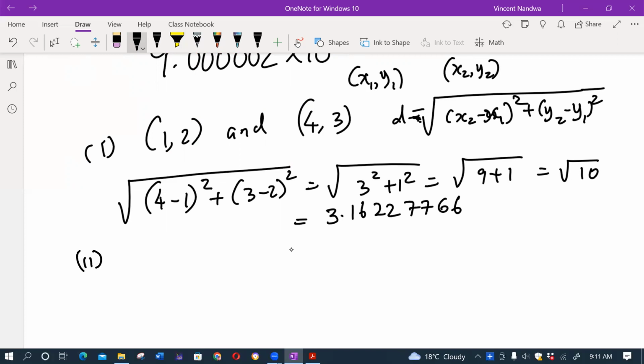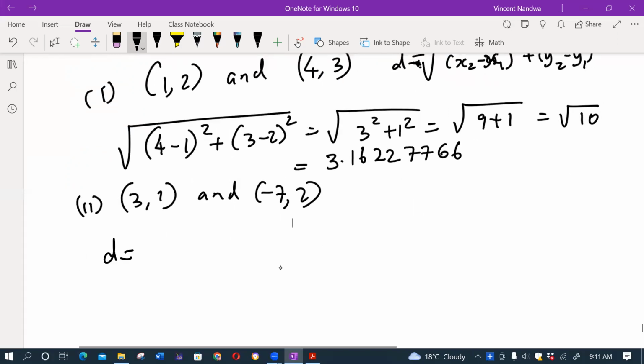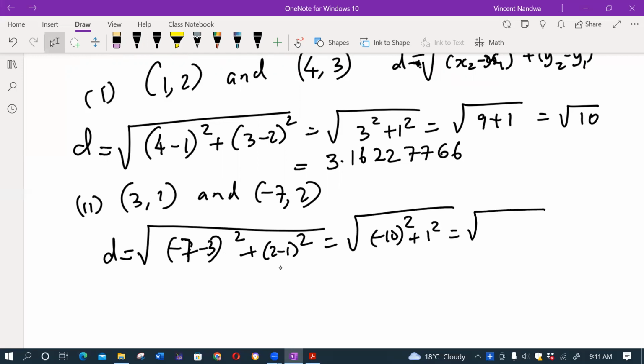Number 2, 3, 4 and minus 7, 2. The distance will be given by square root of minus 7 minus 3 squared plus 2 minus 4 squared.